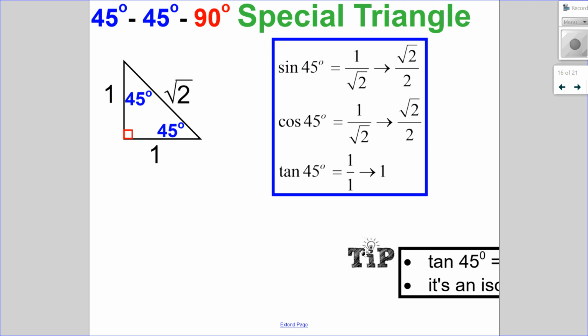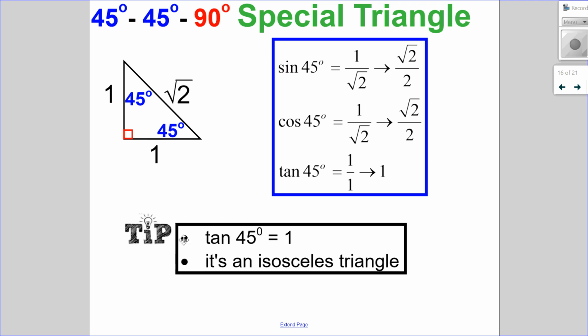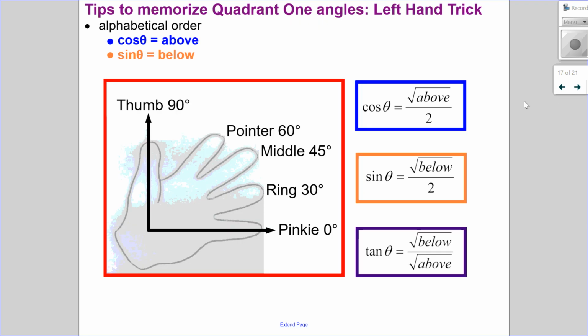My tip for you to remember that is that tan of 45 is 1. And because it's 1, it's also an isosceles triangle because opposite and adjacent are the same. Now, another way that you can remember this is a hand trick. This is something we use in 30-1, so it might be useful to remember this now.